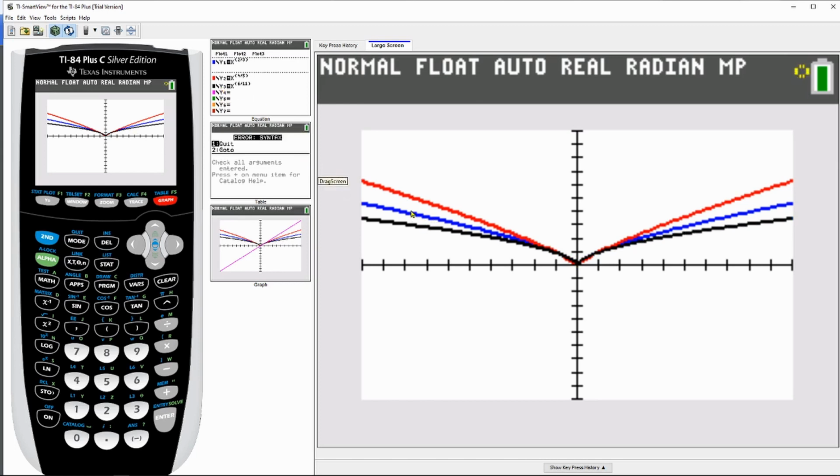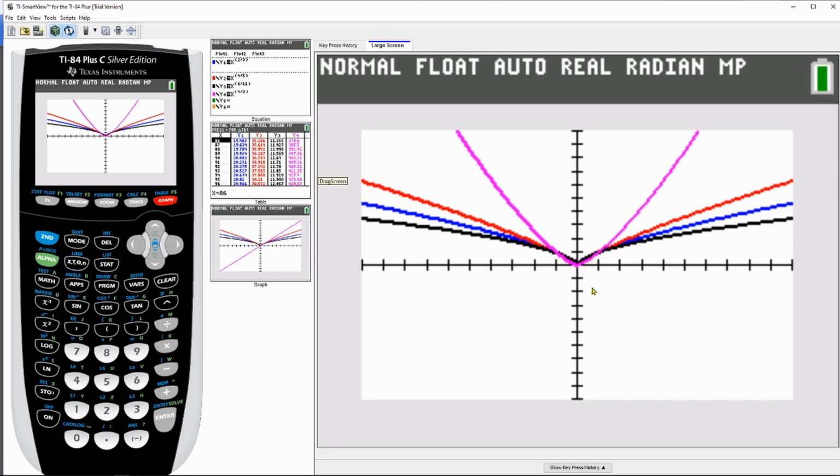As you can see while this calculator is graphing these functions, all of these graphs are kind of concave up, away from the x-axis. They have this bent shape to them. But when we look at that fourth function, it looks like it's bending towards the x-axis, not away from it. So that's another indication that that would be our answer.